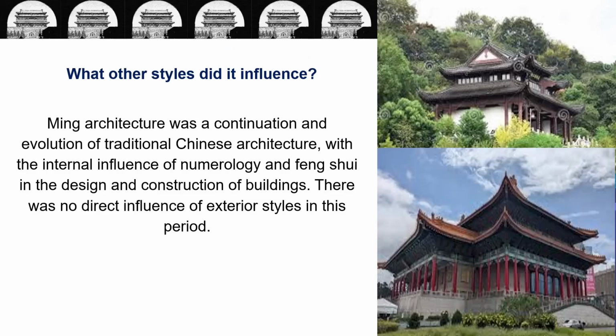As Ming architecture was really rooted in traditional Chinese architecture, it didn't really influence exterior styles of the period directly, but it did influence internal styles in some aspects such as numerology, particularly the use of the number 9, which was considered a good omen for constructions, and the incorporation of Feng Shui, which was a form of organizing objects and spaces in order to create a sense of harmony and connection between humans and their surroundings.